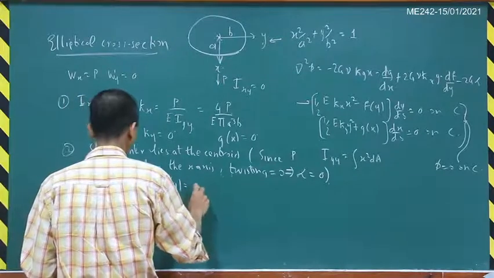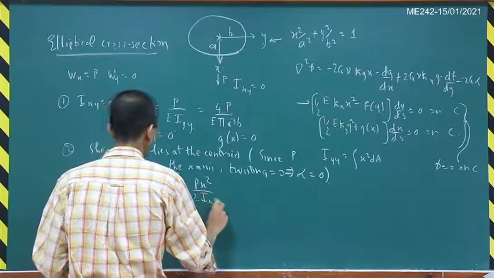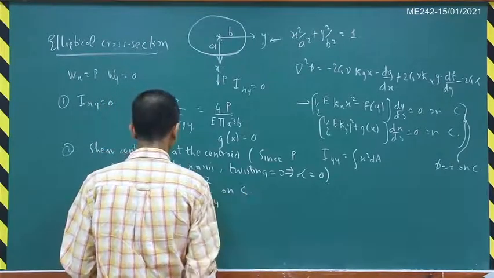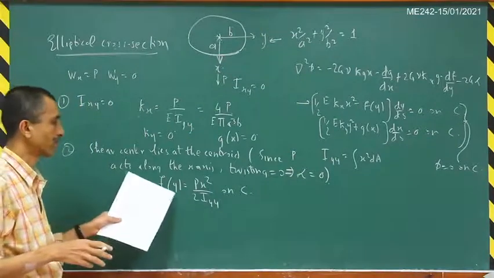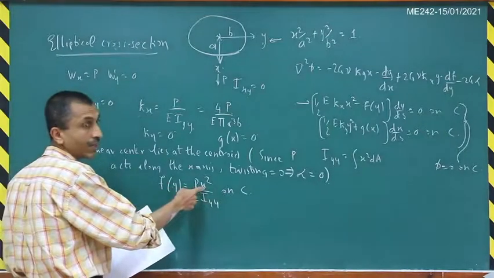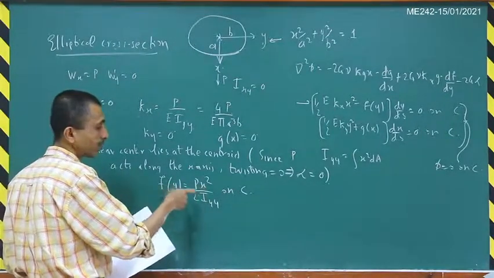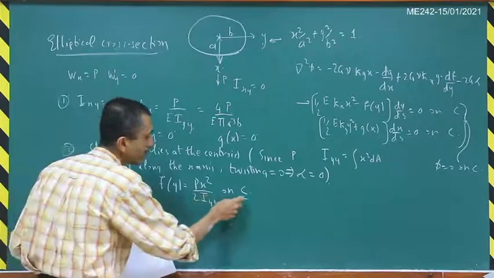f of y is equal to P times x square divided by 2Iyy on C. So many students ask this question. So let us just consider this. Here I am writing f of y, but here I am having an x. So students ask, how can you have an f of y which is this, but this is important.